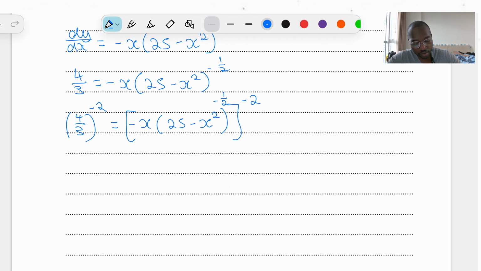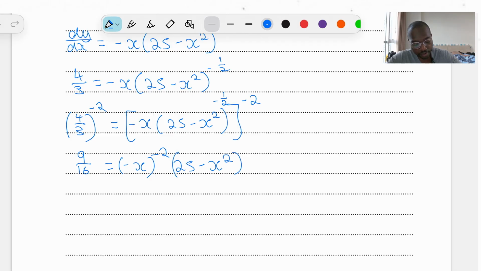So now, if we work this out, 4 over 3 to the minus 2 would be 3 over 4 squared, which is 9 over 16. And then we get minus x to the minus 2, and the powers would cancel out here, half times minus 2, so we're just left with 25 minus x squared.